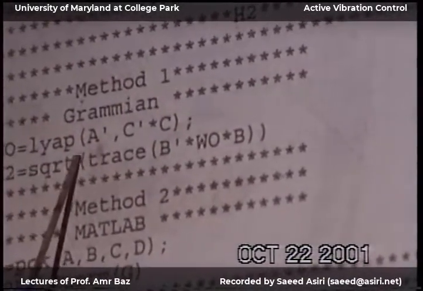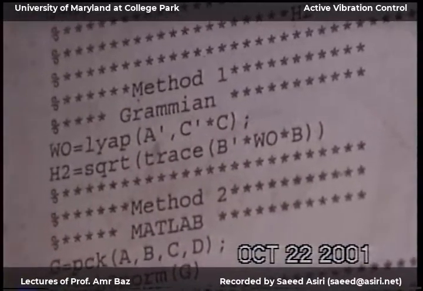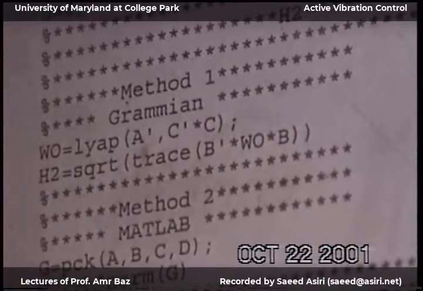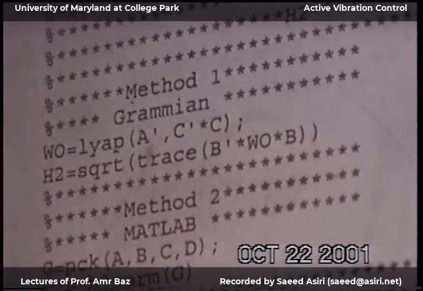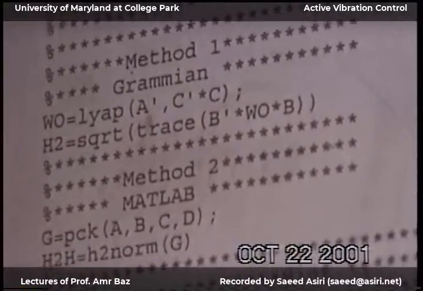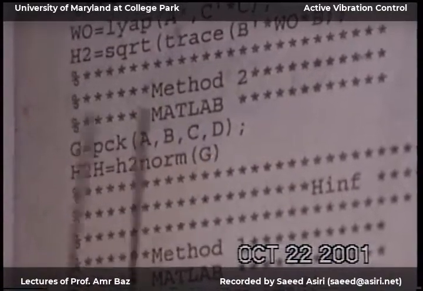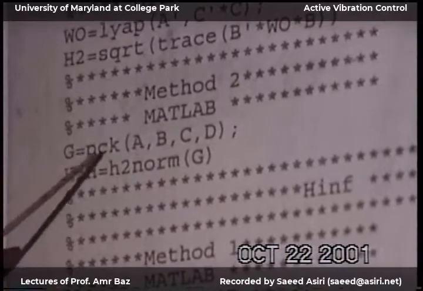So I use the Lyapunov A transpose. All this side is made of C transpose C. And then get the square root of the trace of this multiplication. Or use this approach, which is very fast. You have the A, B, C, and D. You form the transfer function by this command, the pack.